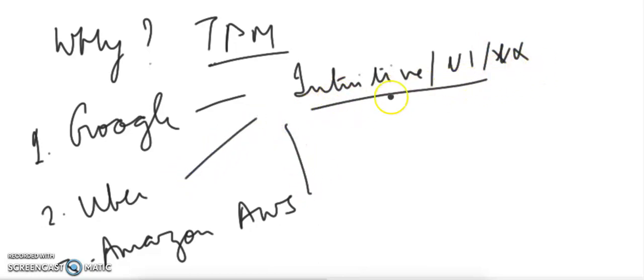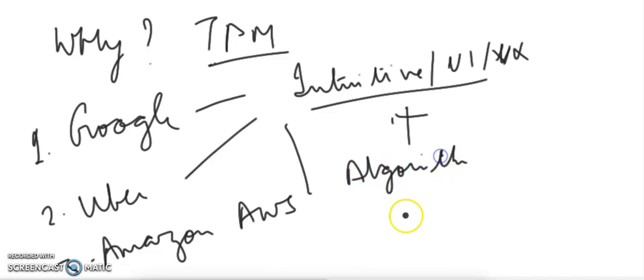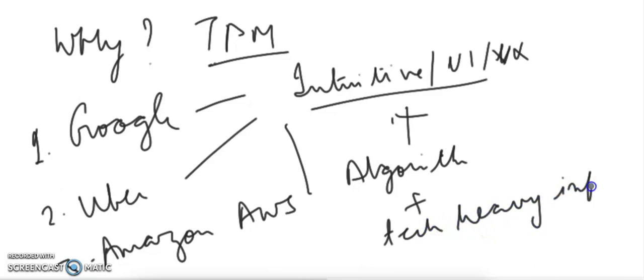This intuitive UI UX is important, but it is maybe a small part of the entire product. In addition to that, there is an algorithm, plus there is a tech-heavy infra.